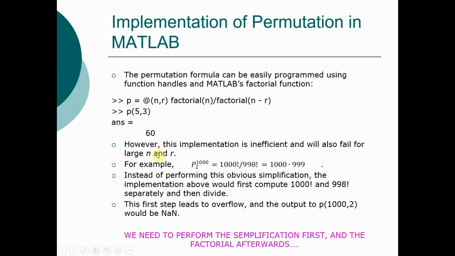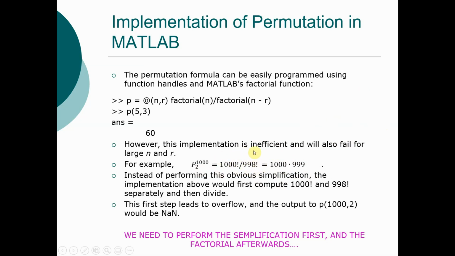If we have 1000 people and only 2 spots, we have 1000 options for the first spot and 999 for the second one. So this is the answer. This is the short form of showing it: n factorial divided by n minus r factorial.